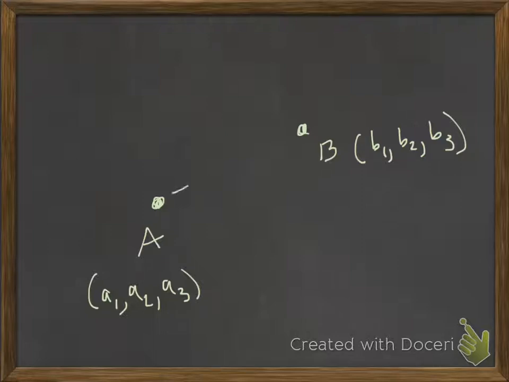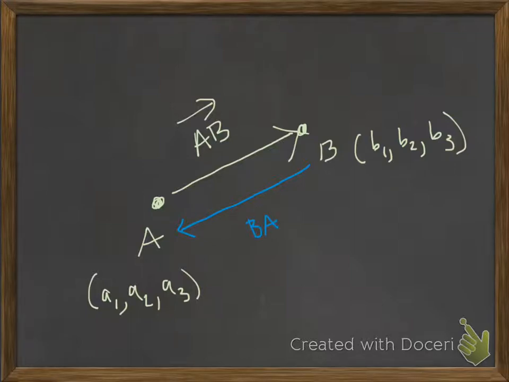It matters which place we start our tail. If our tail starts at A and ends at B, then we describe this vector as AB. If, however, we start our tail at B and end at A, then this describes the vector BA, which, as you notice, has the same magnitude but opposite direction.